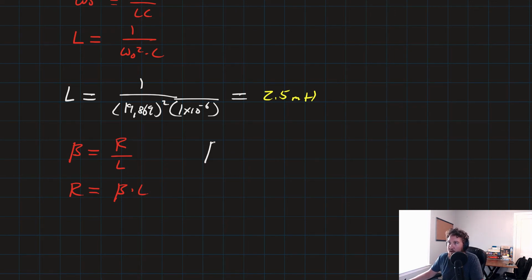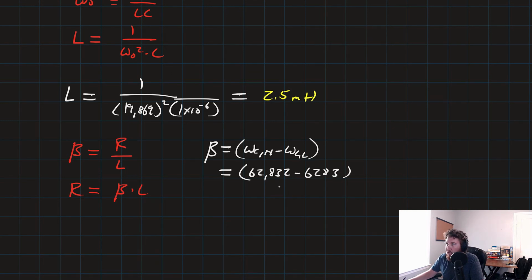We know that bandwidth is just equal to omega c high minus omega c low. So that's going to be equal to 62,832 minus 6,283.